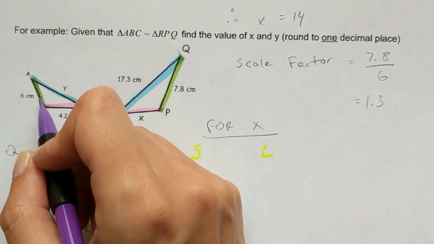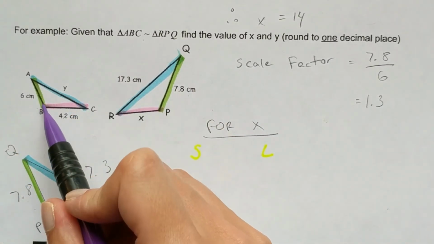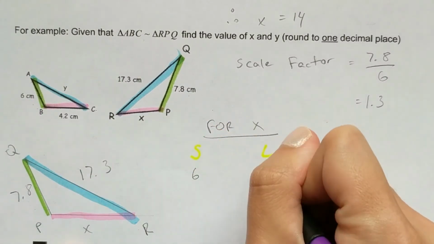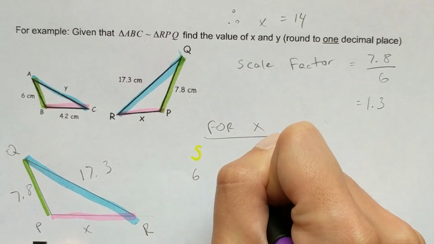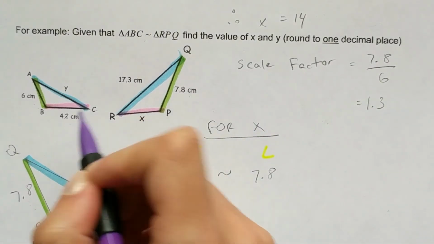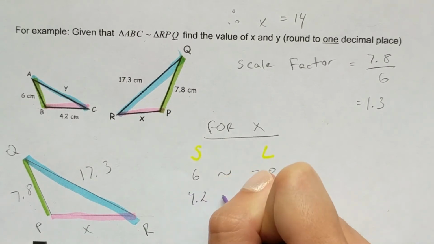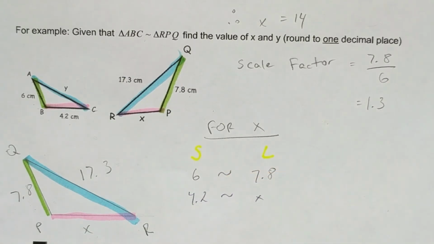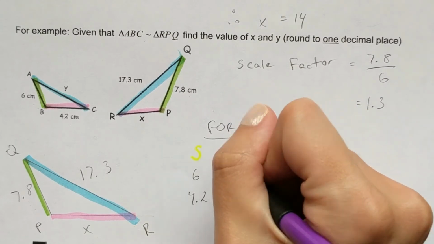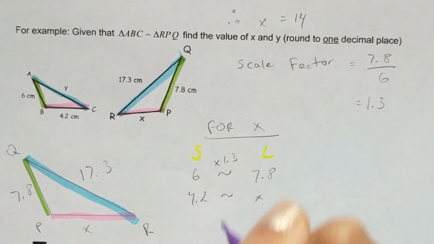I'm going to say that my green sides, I start from 6 and I go to 7.8. These are similar. X matches up with pink, so I'm going to start from 4.2 and somehow end up at X. Because we're going from small to large, we need to multiply by our scale factor. So I'm going to multiply by 1.3.